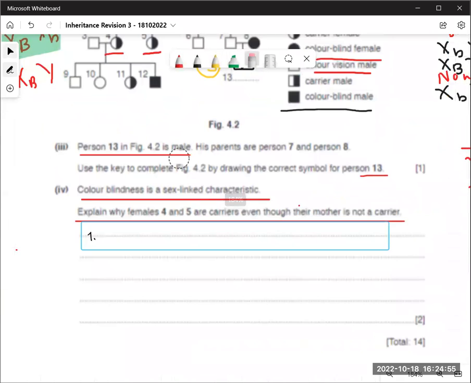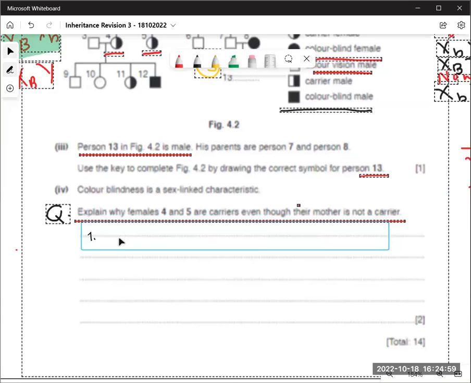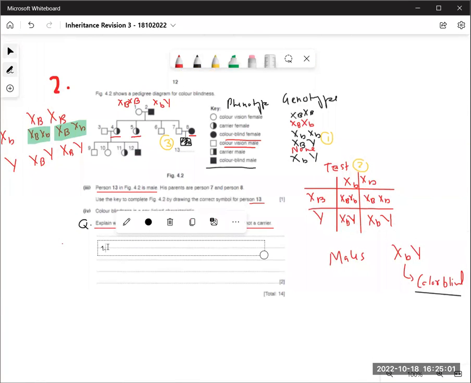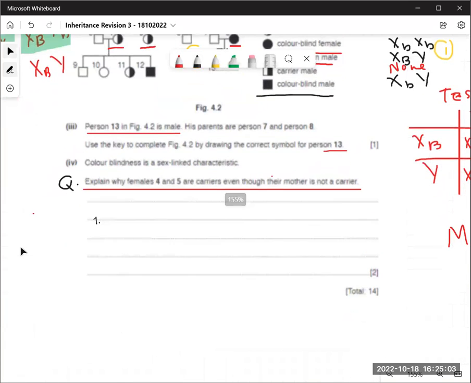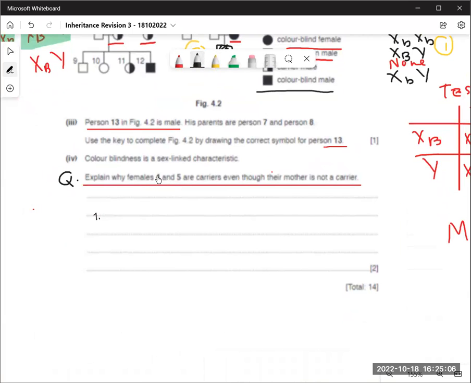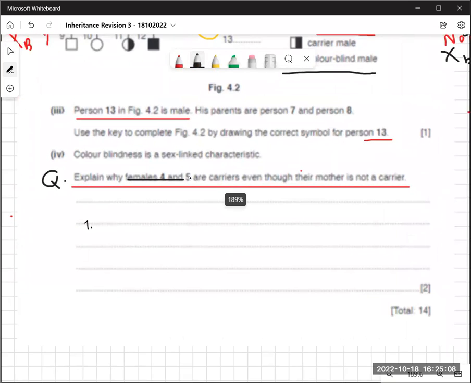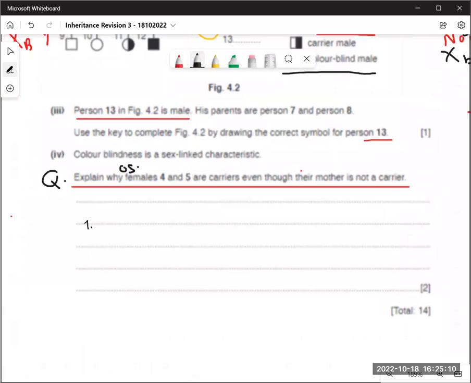But the answer is, write in your notebook. Write this question over here and write the answer. Then we are done. The question is, explain why female offspring are carriers even though their mother is not a carrier.